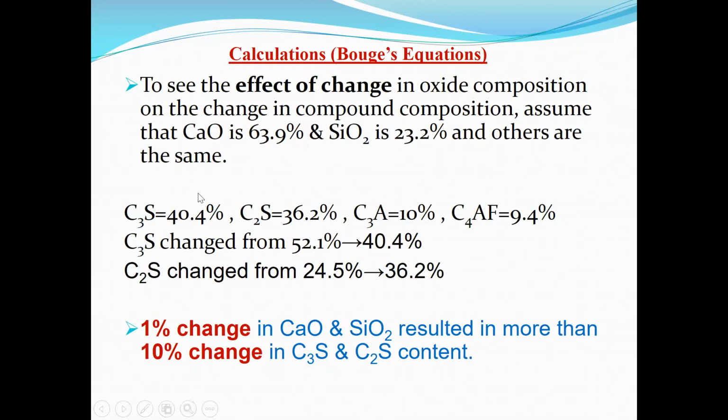If you put them in the formula, you will find C3S is 40.4%, and you get the values for C2S, C3A, C4AF. So C3S changed from 52.1% before to about 40%, and C2S from 24.5% to 36.2%. That means a 1% change in calcium oxide and silica resulted in more than 10% change in C3S and C2S.